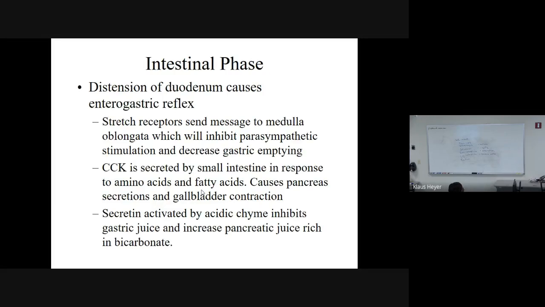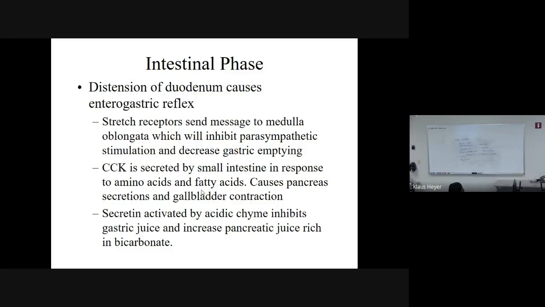So the stretch receptors are sending a message up to the brain. This is the same thing. There's stretch receptors in the stomach that send signals up to the brain, and there's stretch receptors in the intestine. Just what they do is different. With the stomach, you want parasympathetic stimulation. Remember, parasympathetic just means rest and digest.